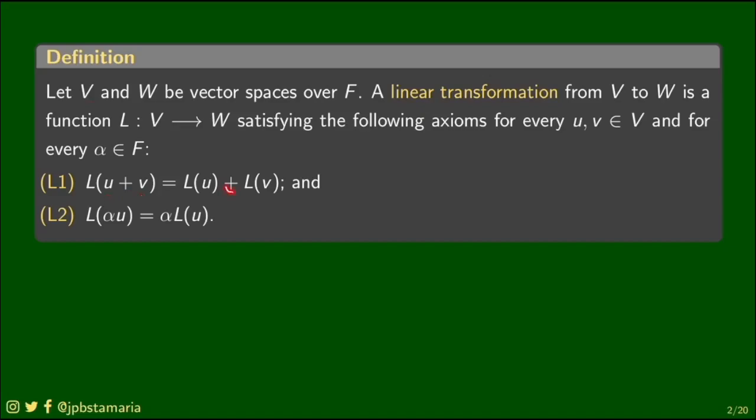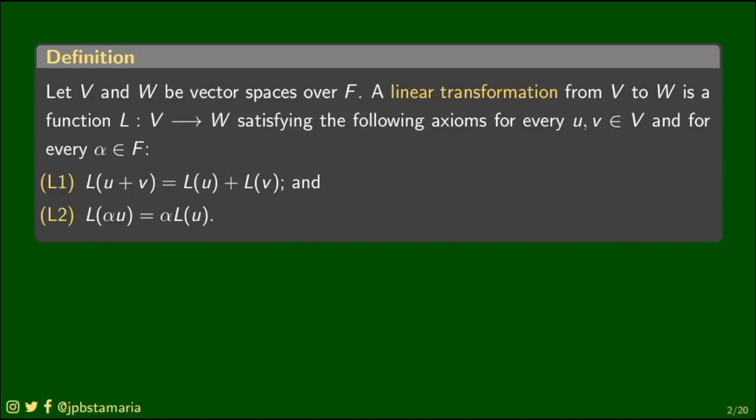On the other hand, the addition on the right hand side denotes the addition on the vector space W, as it adds two elements from W. In the second equation, the scalar multiplication here happens inside V. The scalar multiplication on the right hand side happens in W. If these two equations hold, we say that the function L is a linear transformation from V to W.